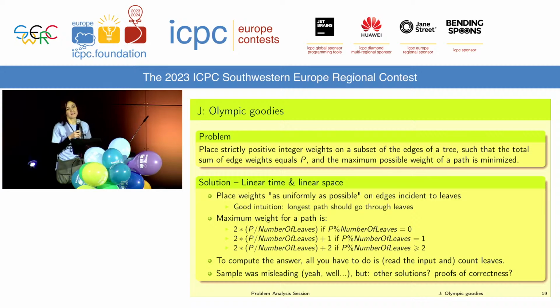Now, this being said, I guess that if you have the right intuition, that is, that a longest path must go through 2 leaves, and that uniformly distributing weights lowers as much as possible the cost of the longest path, then this becomes actually a very easy problem, right?